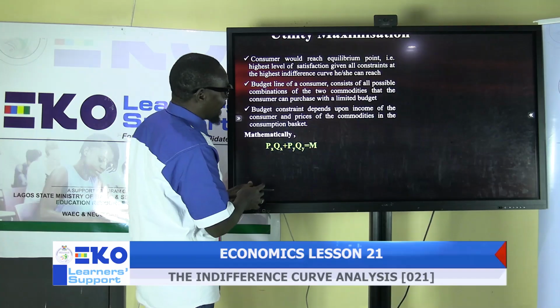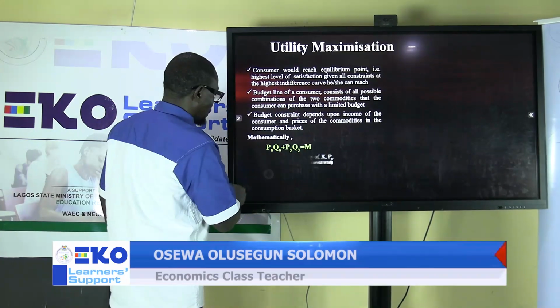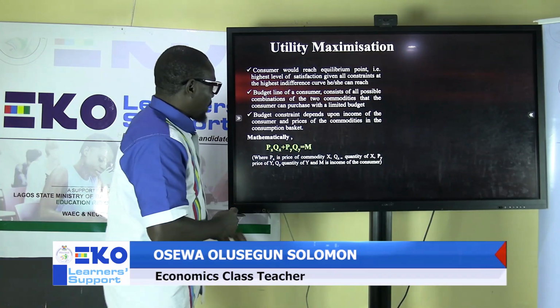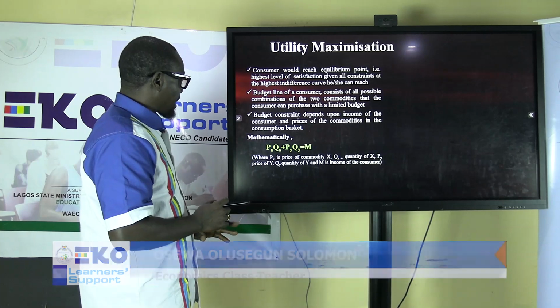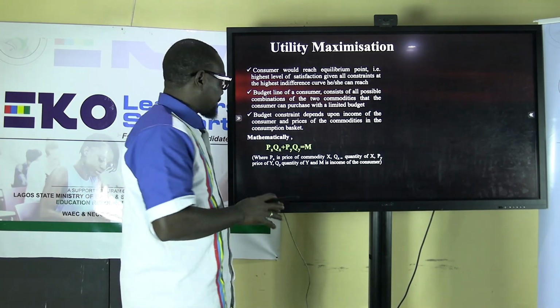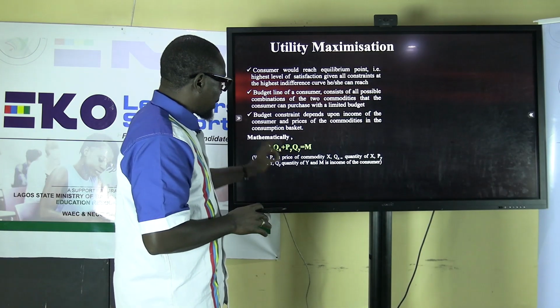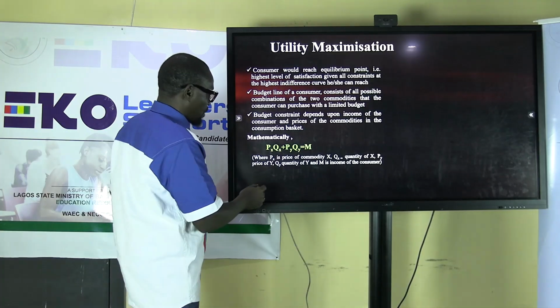But for the ease of analysis, we make use of just two commodities. Now, in this equation, Px is the price of commodity X, Qx the quantity of commodity X, Py the price of commodity Y, Qy the quantity of commodity Y, and M is the income of the consumer.